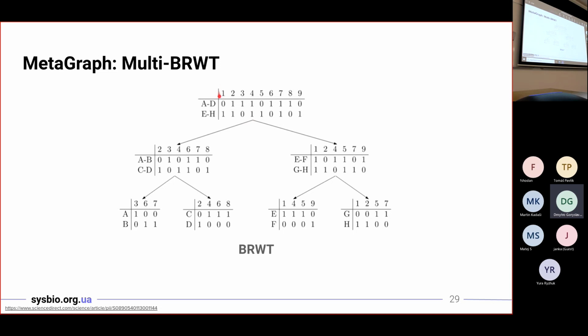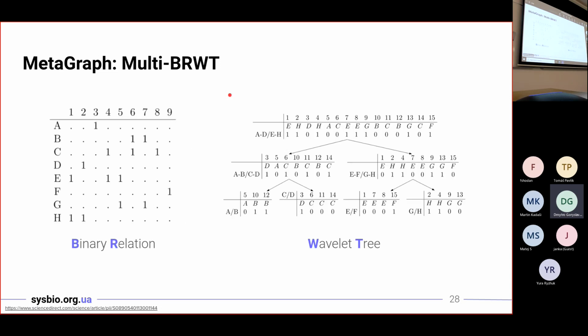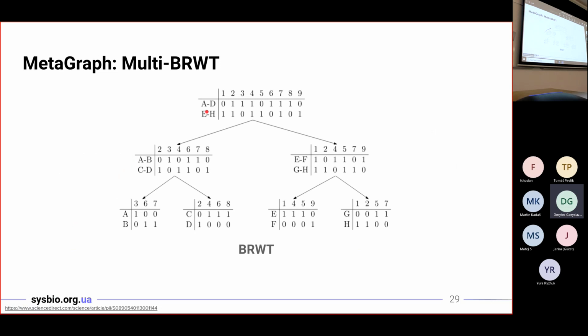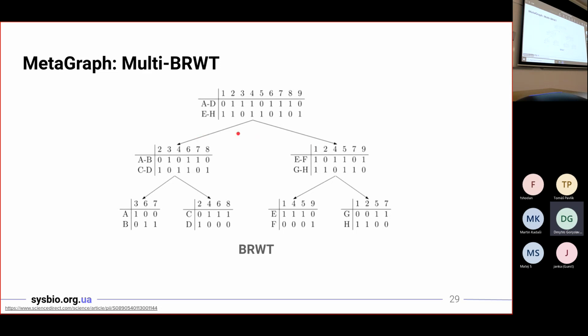So, for example, this element 1 in the previous example, let me just jump backwards. 1 has values only in E and H rows, so it belongs only to this part of the alphabet, so it goes right here. And the same is done for all other indexes.